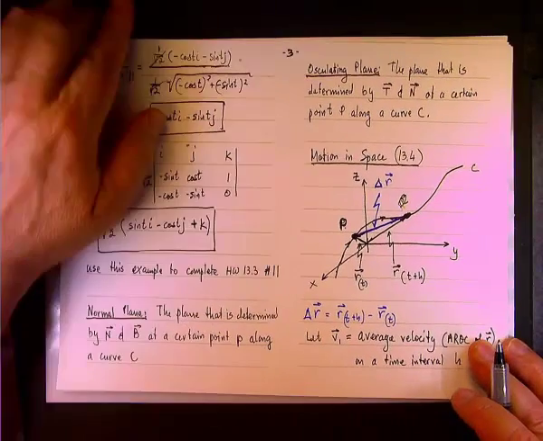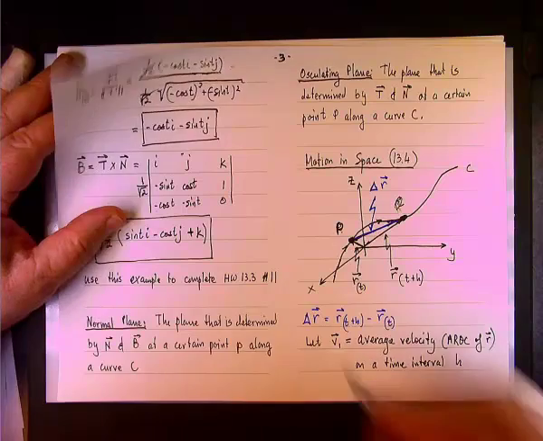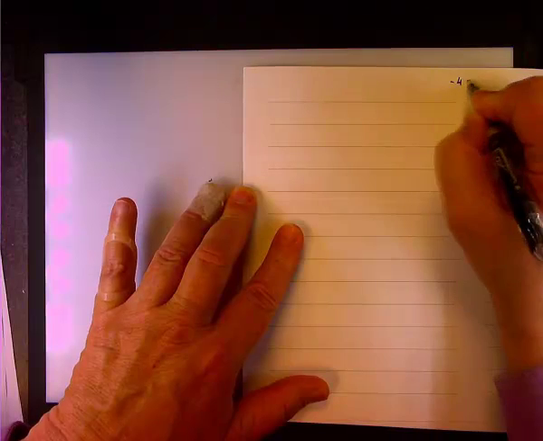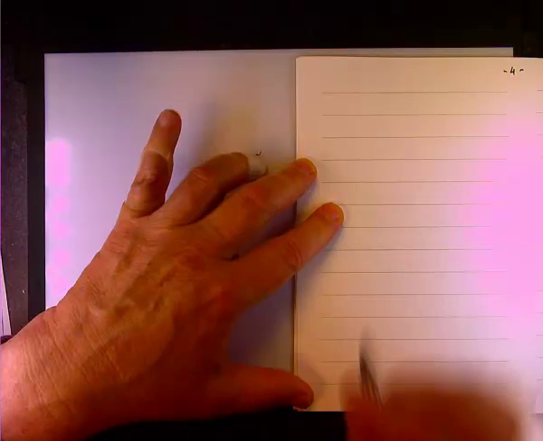Remember, in this time interval, the particle is moving from P to Q. Okay. So, what will be that particular average velocity? What will be the expression? Let me move to the next page and show you what I mean by that.